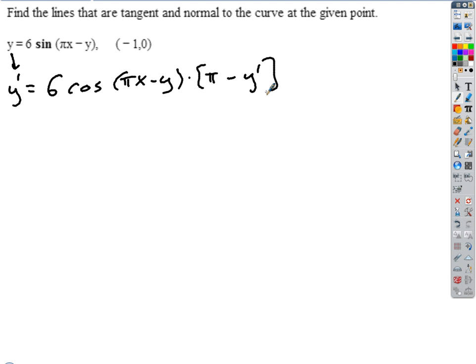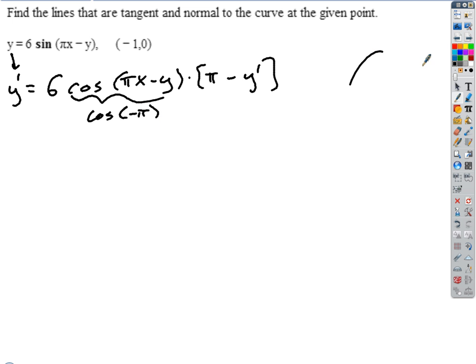Now we could simplify this, but being as we're just trying to find the numerical value of y prime, we could just plug in. So if we plug in -1 for x and 0 for y, that's going to give us cosine of negative pi.